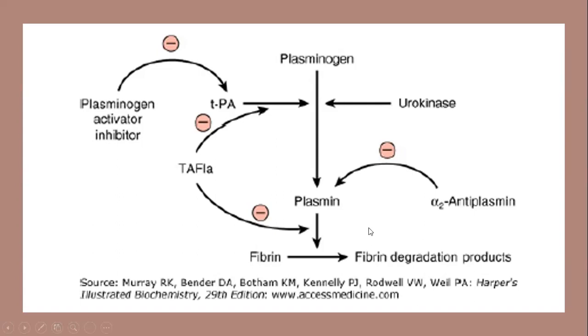You also have plasminogen activator inhibitor that is capable of inhibiting your TPA. And you also have TAFI-A that is capable of inhibiting the incorporation of plasmin to your fibrin. How does it inhibit the incorporation again? By removing the lysine residue.